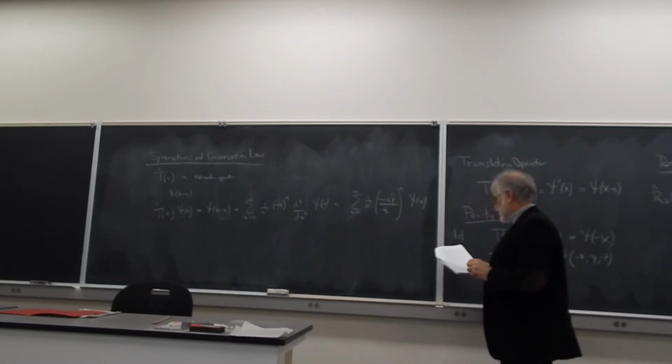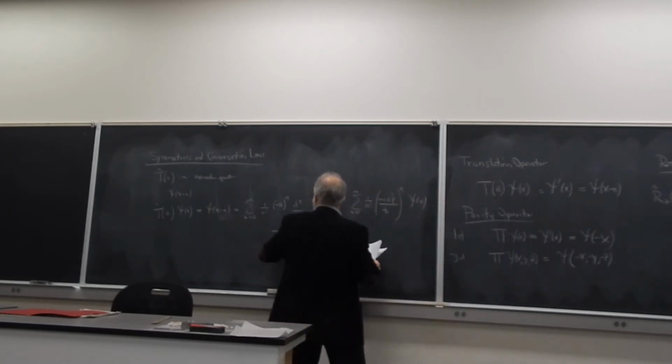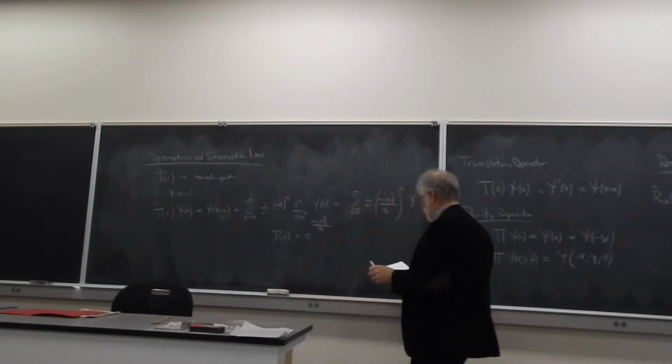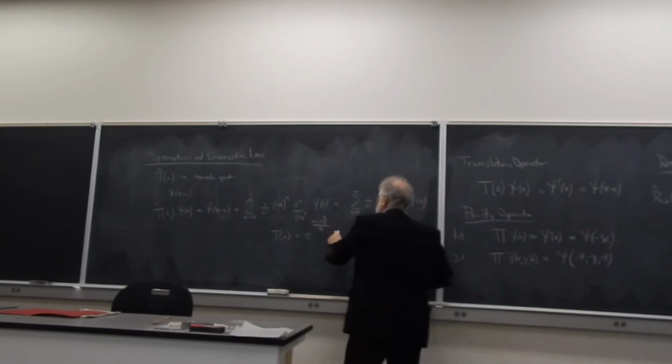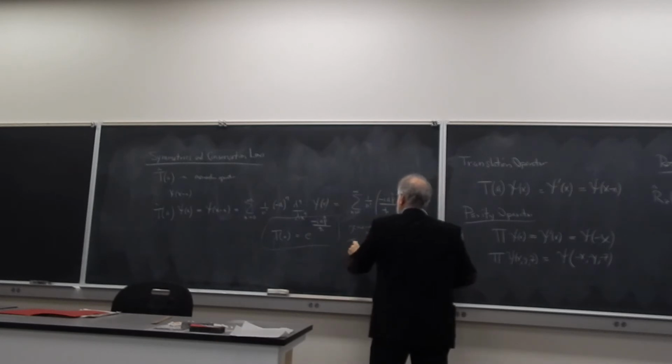Well, the right-hand side is just the exponential function. So I can write T of A then is just e to the minus iAp over h bar. What does this mean? This means that linear momentum is said to be the generator of translations.